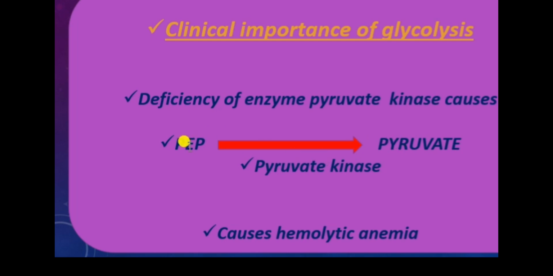So when the phosphoenol pyruvate is not converted into pyruvate, there will be no formation of any ATP, and there will be a depletion of energy, a decrease in ATP, and this decrease in ATP causes an anemia called hemolytic anemia. This is the most important clinical importance of glycolysis. When the last step of glycolysis does not occur, it causes a disorder called hemolytic anemia.